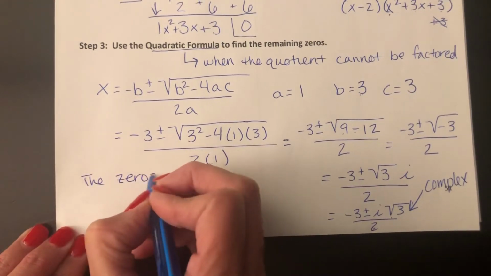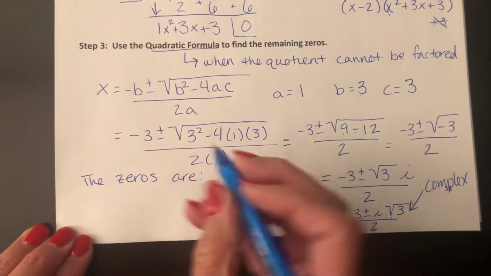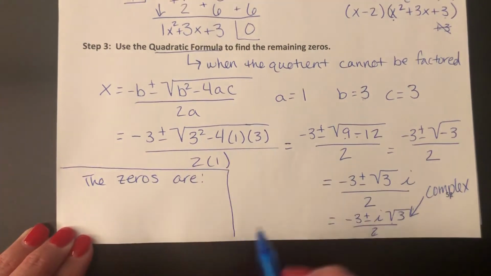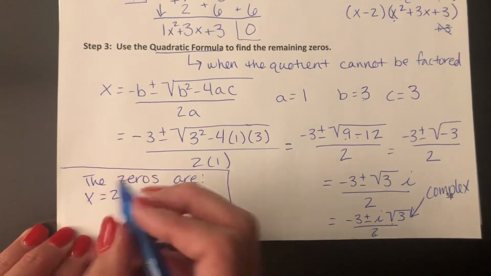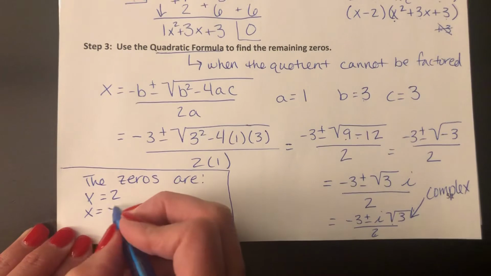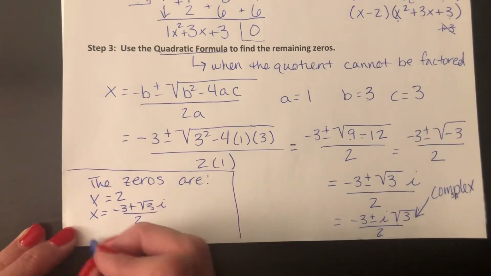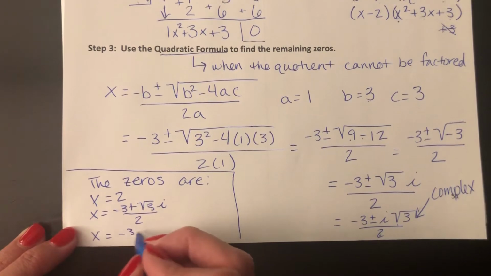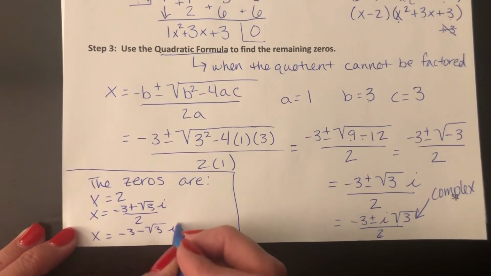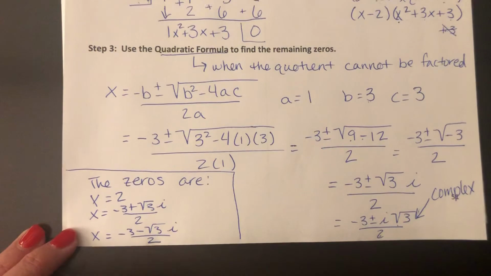The zeros are x equals 2, x equals negative 3 plus square root of 3 i over 2, and x equals negative 3 minus square root of 3 i over 2.